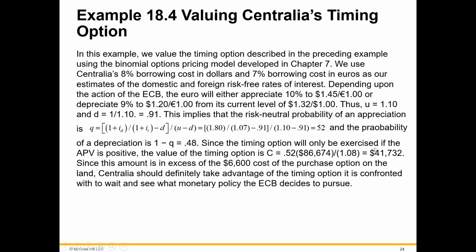The good scenario gives me 41 million probability adjusted. I get 86 half the time, so it's like 41 million. Would I pay 6.6 million to get 41 million? Yeah, I would. So buy the purchase option on the land, see what happens, and then you don't have to cry about it if the central bank goes expansionary and it doesn't make sense.